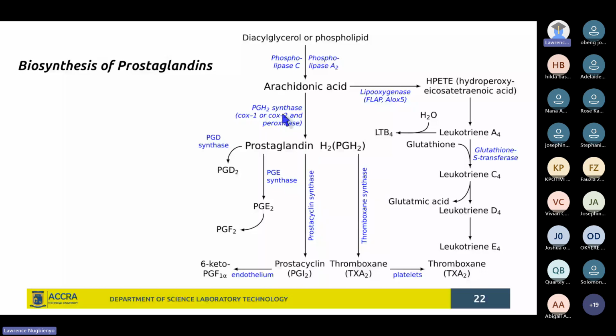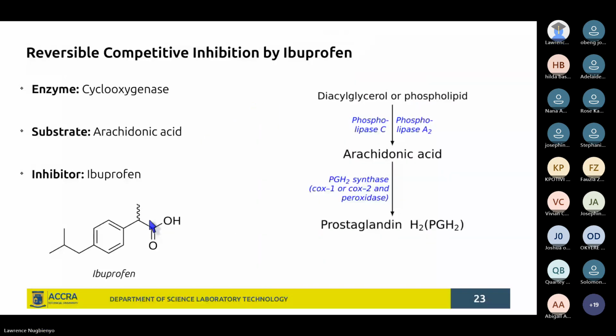So for instance, brufen. Brufen acts as an inhibitor to these cyclooxygenases.